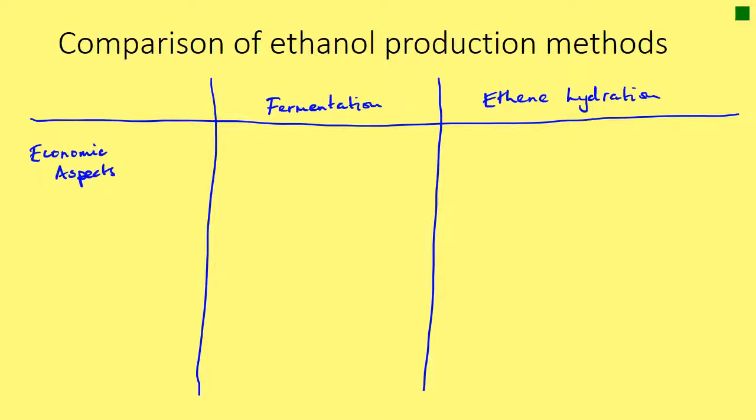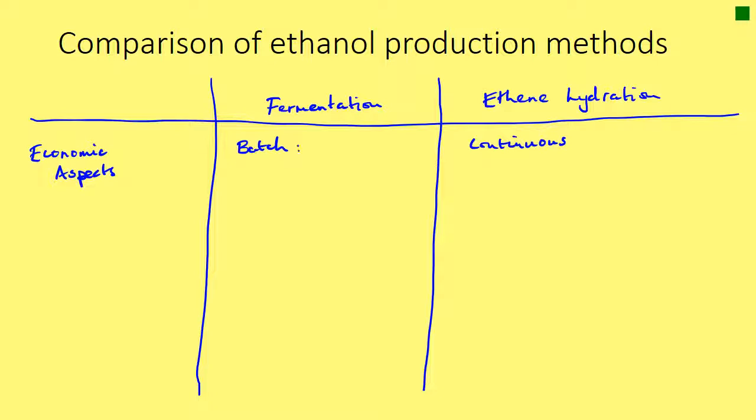So when we look at fermentation, the first thing you'll remember is that it's batch, whereas ethene hydration is continuous. Fermentation is impossible to make continuous because it's a biological process, and the fact that fermentation is batch means that you have to empty the vessels, clean them before you restart the next batch, and then restock them with the raw materials each time.